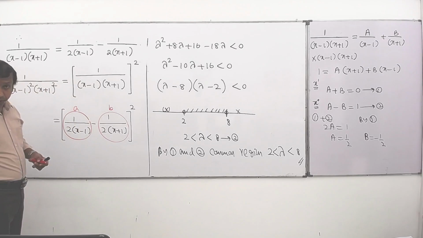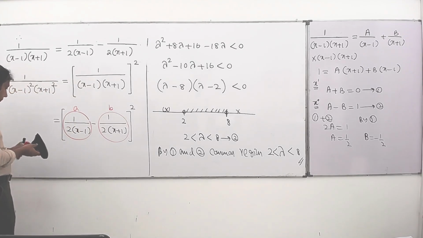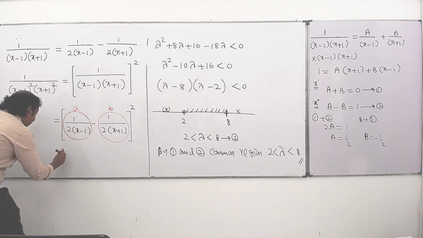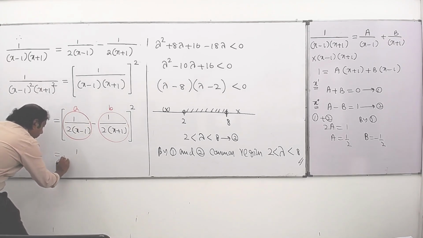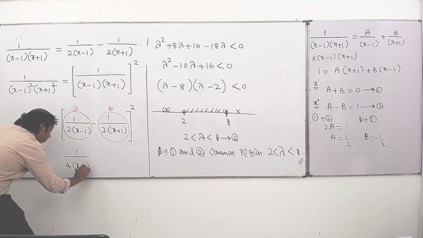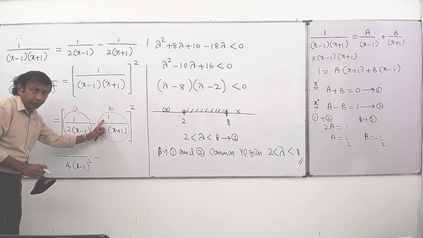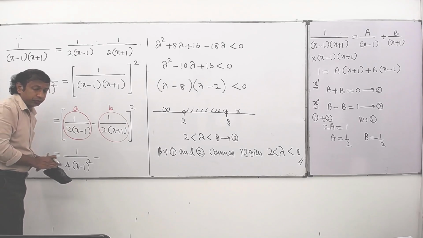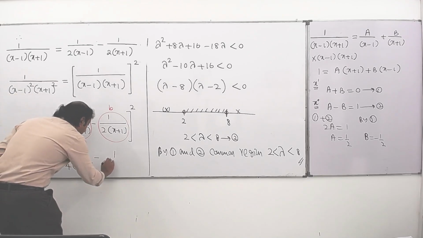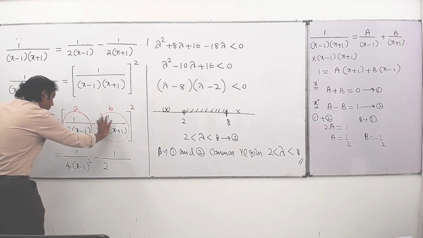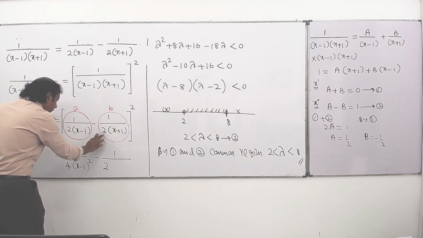You can simplify now. What do you get there? A squared: square this whole thing, 1 over 4 times (x minus 1) squared. Secondly, multiply this 2 and again that multiplied by 2. You get 1 over 2 times... this and this when you multiply, we get 4.